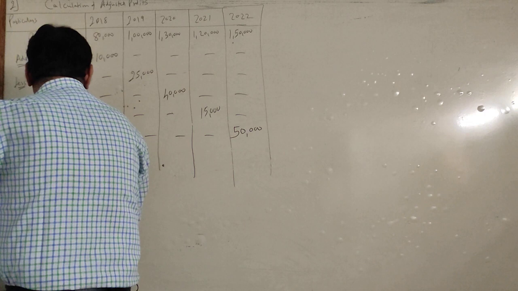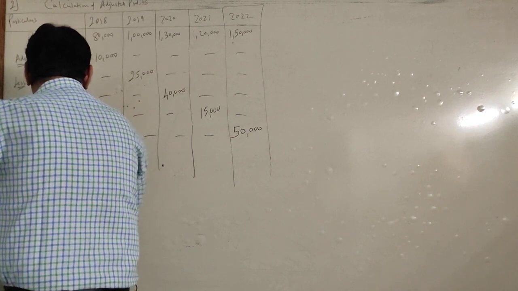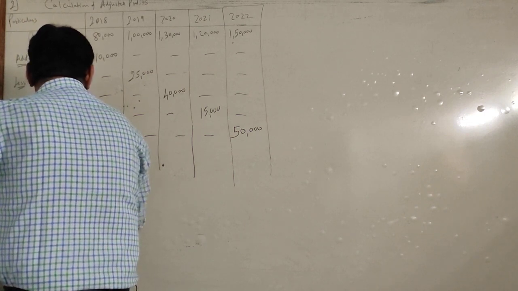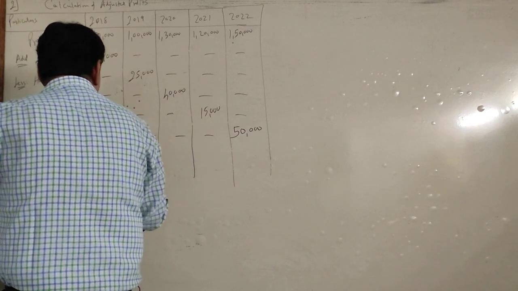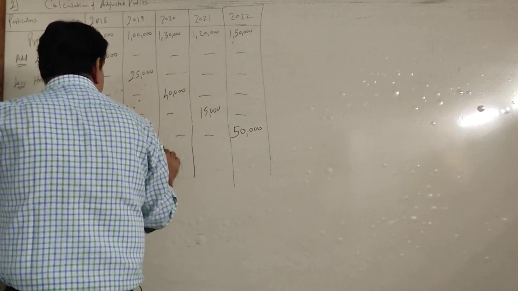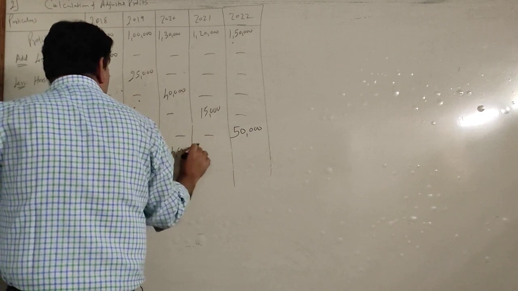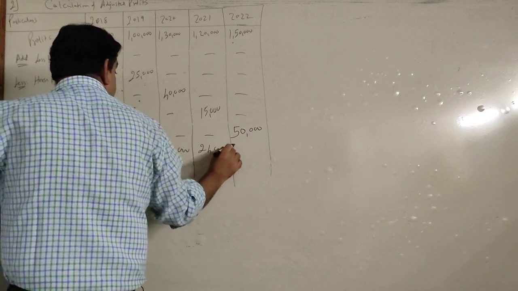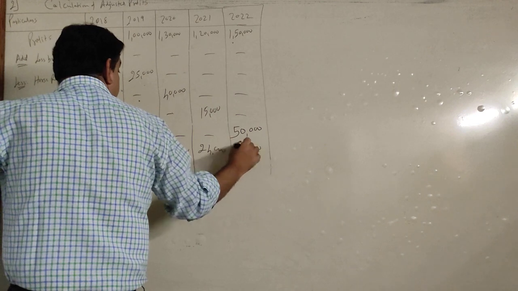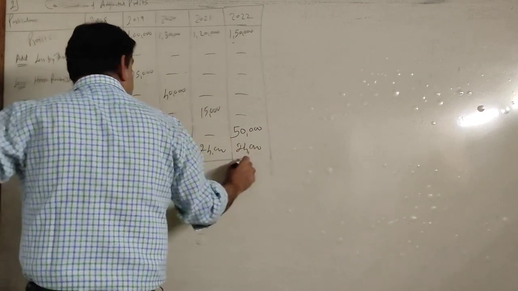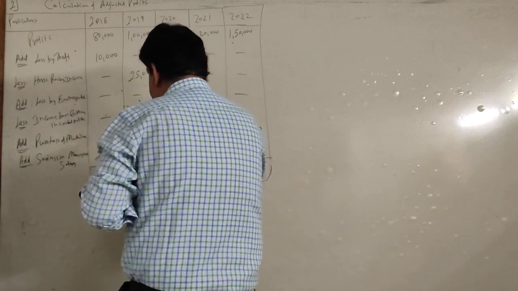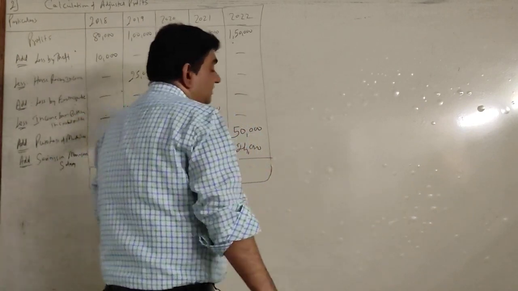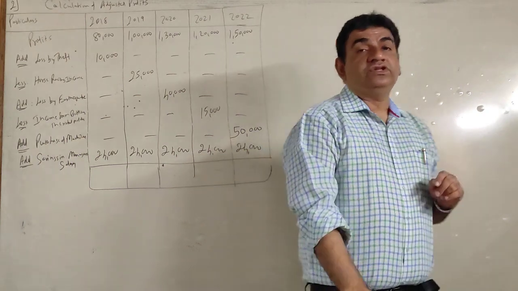So right there, add saving in manager's salary, 24,000. You will put it in all the 5 columns. Again I am repeating, even if you don't do this, take the average after adjusting the first 5 adjustments, and to that average add 24,000 once.